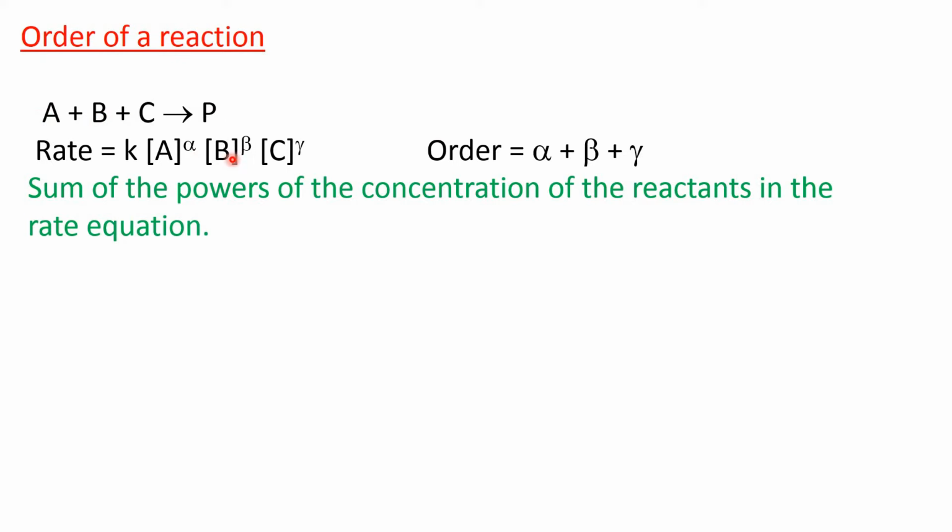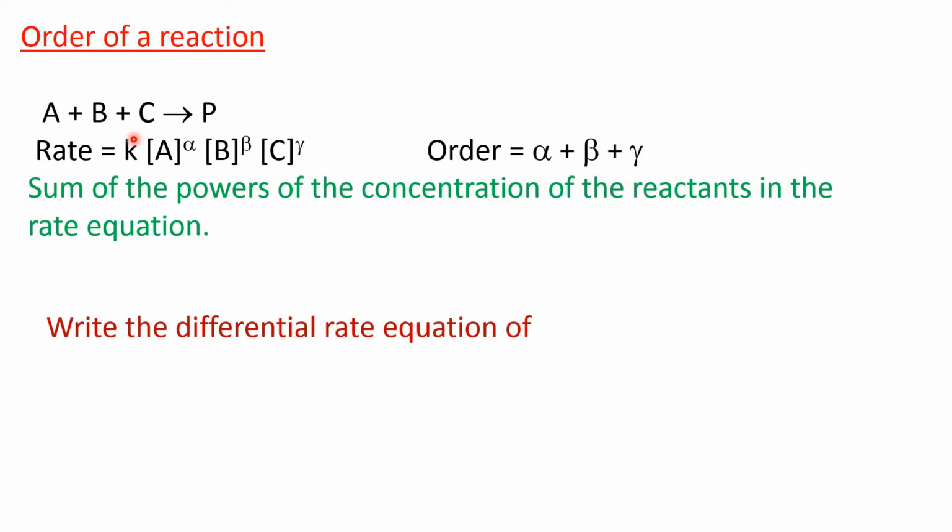This alpha, beta, gamma, these are purely experimentally determined quantities. And the order of the reaction, overall order or order with respect to a certain reactant, may have values positive, negative, 0 or fraction. Now you see, as I told you, this order does not mean the stoichiometric coefficient.